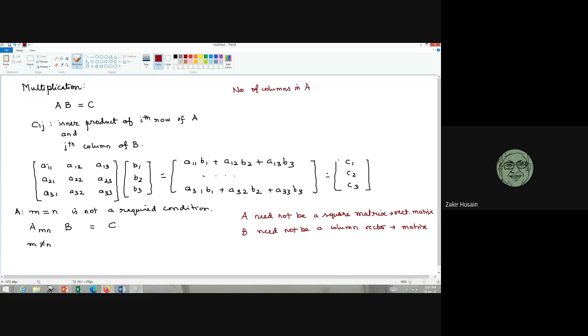So the number of columns in A must equal the number of rows in B. So how many columns are there in A?